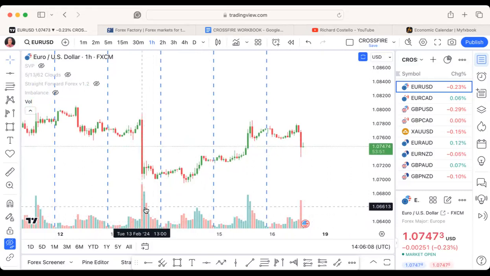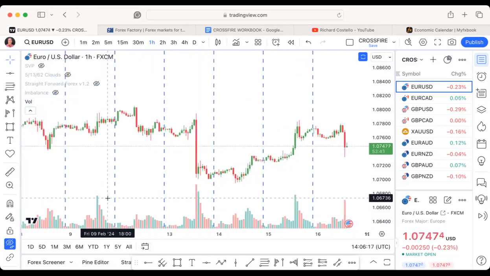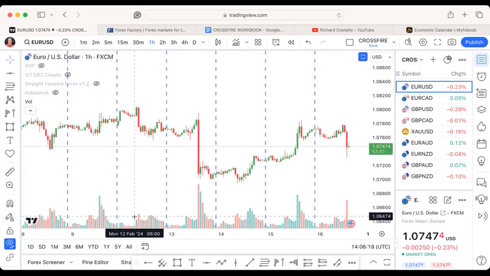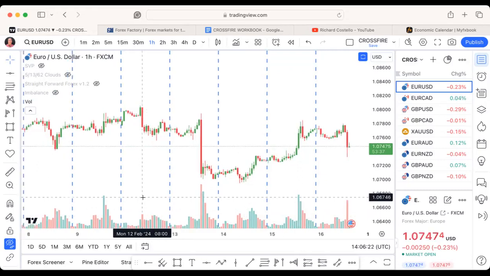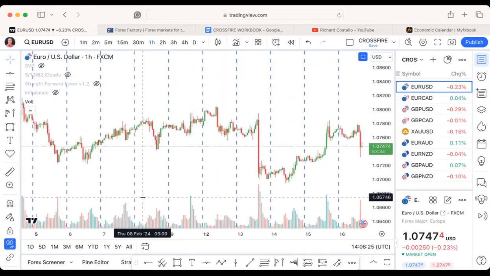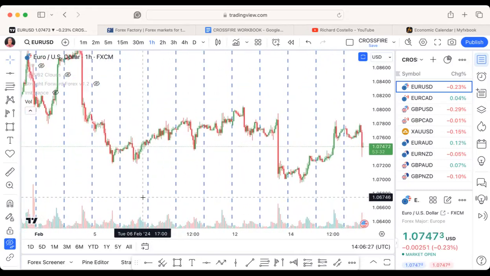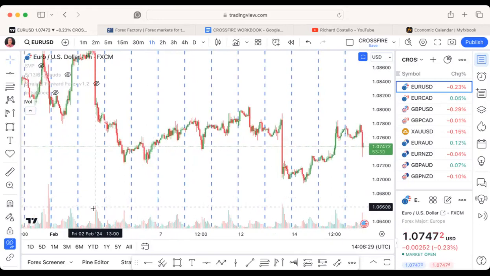The peak of trades placed is generally about 1:30, 2 o'clock. Some days there isn't a big peak. On Monday, for whatever reason, there wasn't. But if you go back, you can spot the patterns.